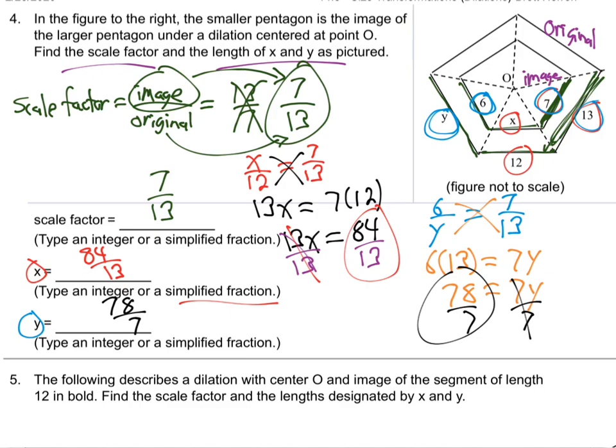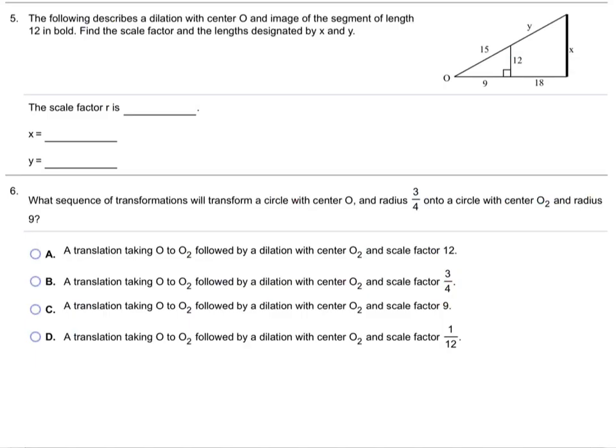Okay, so there's number 4. On we go to number 5. So on this one, the following describes a dilation, size transformation, with center O. Here's the center O. An image of the segment of length 12 in bold. So here's the original, and here is the image.